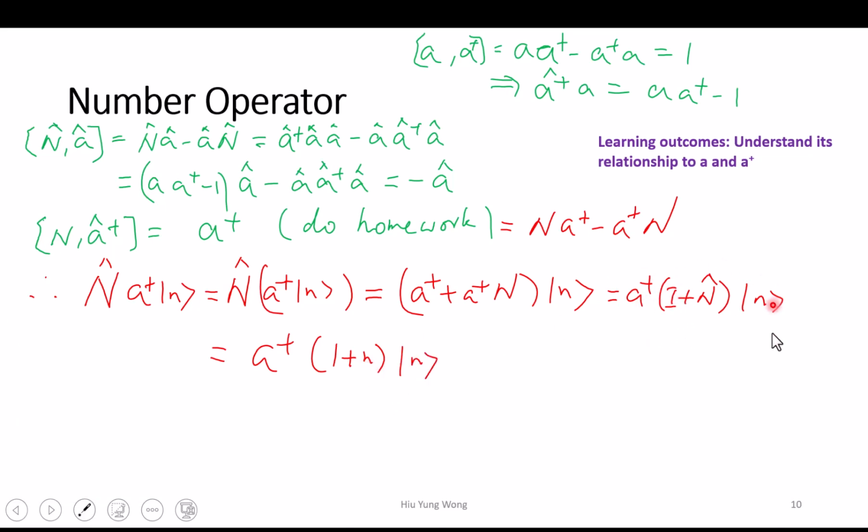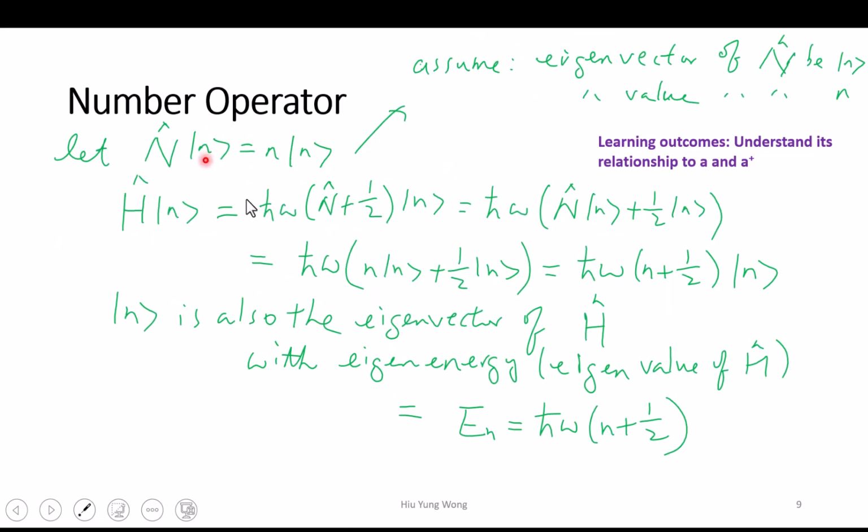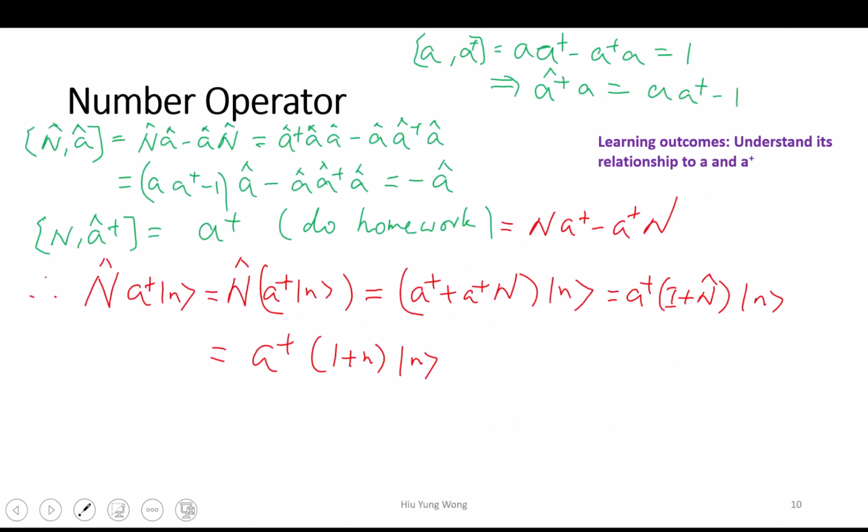Because identity times n is equal to 1 times n times n is equal to lowercase n times n, because that is the eigenvector of n, right? Now this is a number or a matrix? It's a number, because this is the eigenvalue, right? If it's a number, I can move it around. I actually also want to swap the order, call it n plus 1, a dagger n.